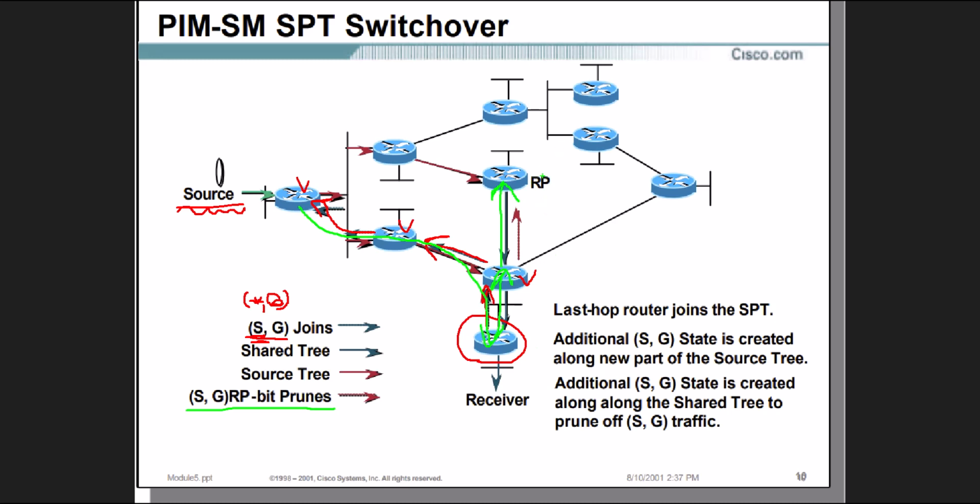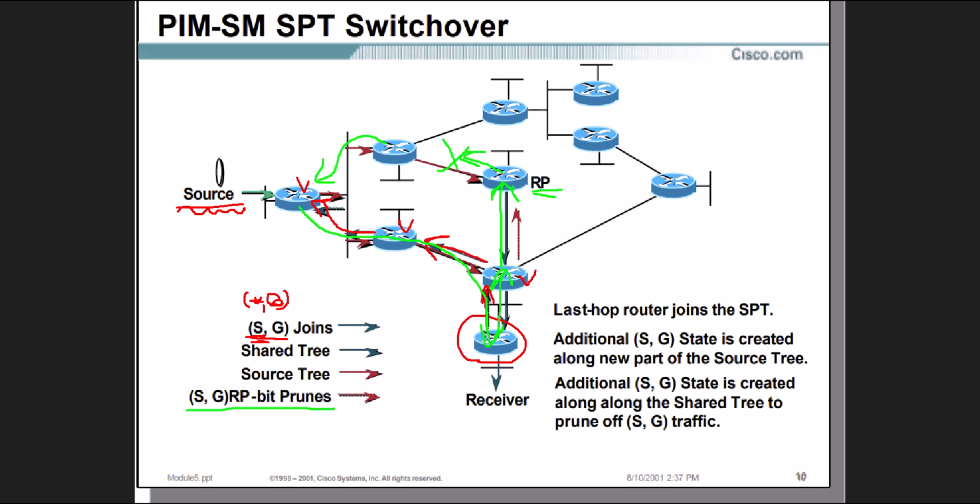And this way, the RP, the rendezvous point, will stop sending traffic towards this receiver. And at this point, if this rendezvous point doesn't have any other receivers for this (S,G) pair, it will also send back the prune messages following its own branch of the tree, which will eventually reach the source router, the source gateway, and it will cut off the flow of the multicast traffic towards itself because it doesn't need this traffic anymore, and it does not because it has no one to forward this traffic to.